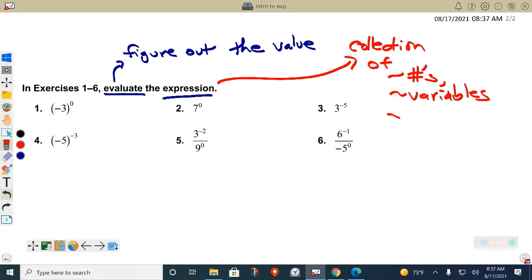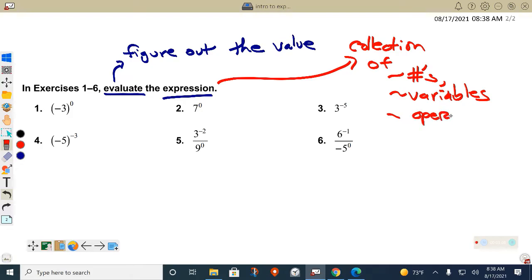They use a letter instead of a number. Right, it's a letter that represents a number, so a substitution for a number. Exactly. So X, Y, Z, A, B, C, right? Those are all variables in math. So again, I'm trying to define what an expression is. It's a collection of numbers, variables, and operations.